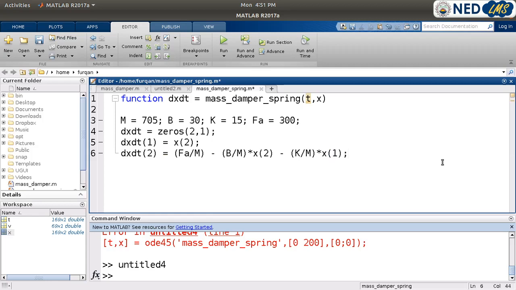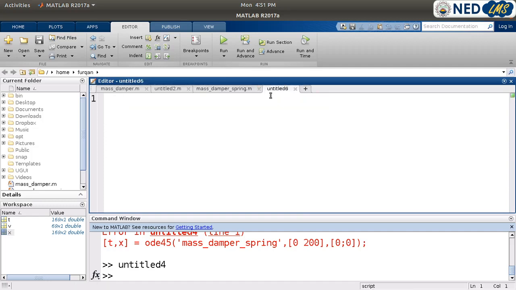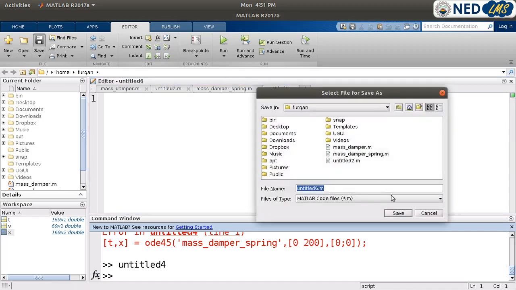Now we have completed the function handle. Save it. Now let's write another script to use this function handle by calling the ODE45 function. So I am saving this script.